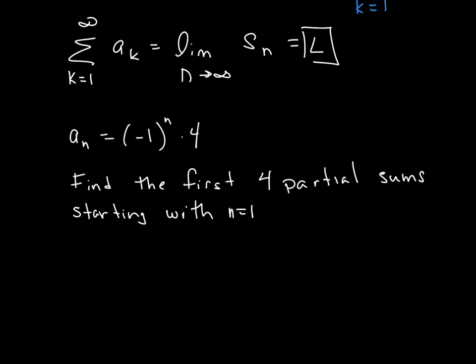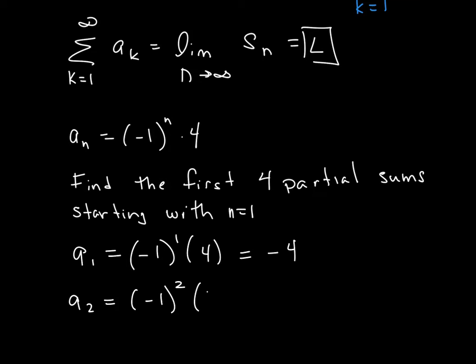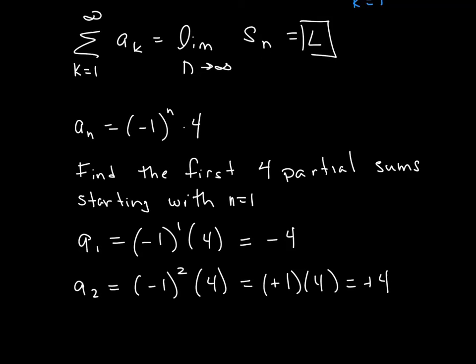So a1 just becomes negative 1 to the 1 times 4, or just negative 4. My second term is negative 1 squared times 4. In this case, that gives me a positive 1 times 4, which is a positive 4.